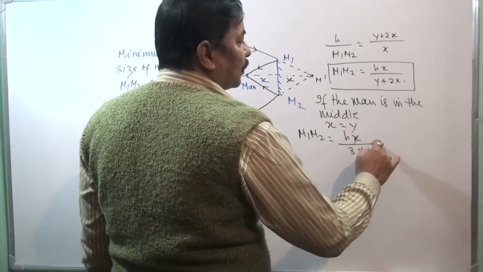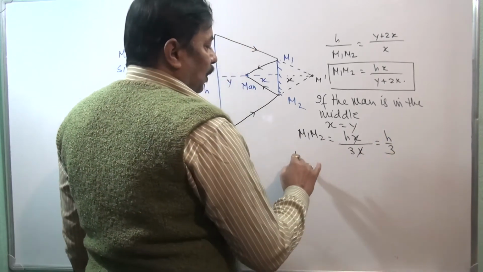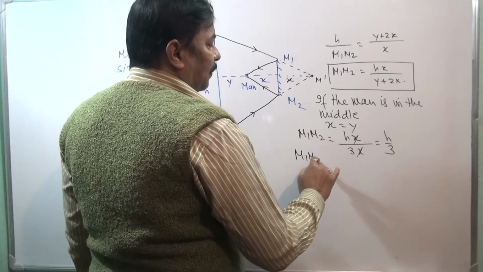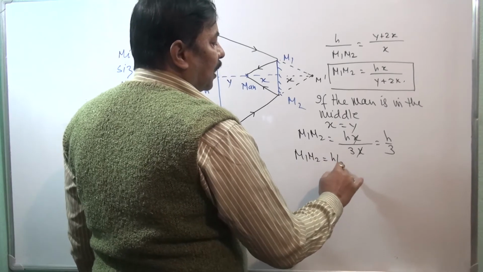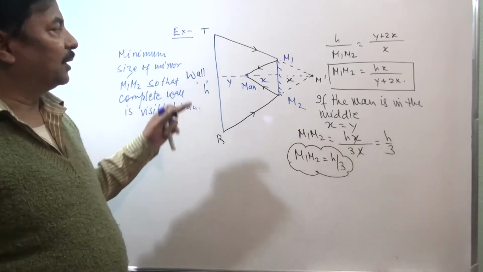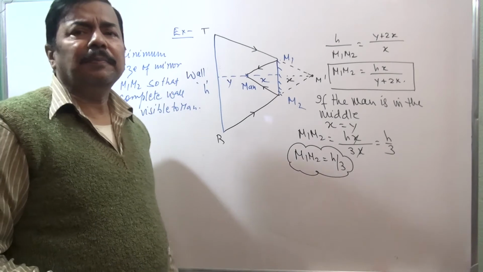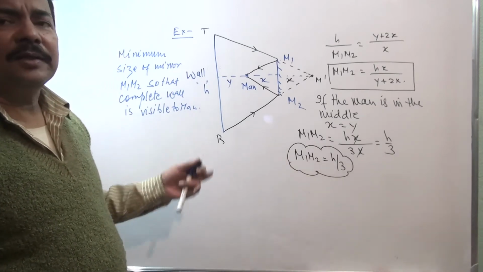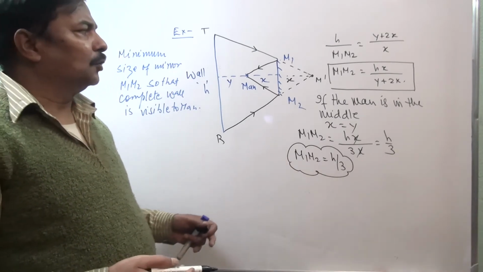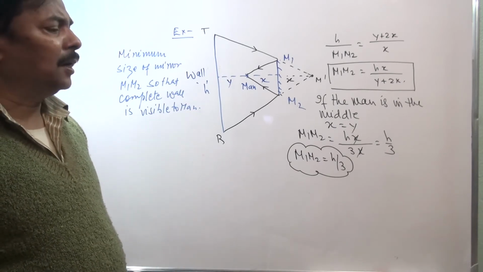Either you make x equal to y or y equal to x, that is h by 3. So if the man is in the middle, then the height of the mirror will be h by 3, that is 1/3 of the wall. So this is also a question based on geometry, basically the similarity of triangles. So you should understand it properly for better understanding of the plane mirror concept.